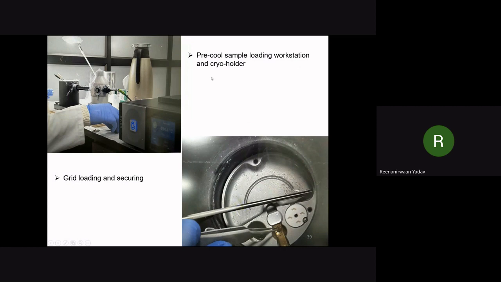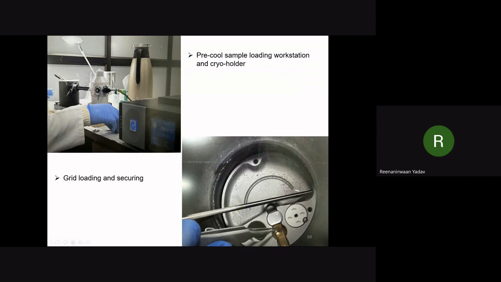So this is the assembly that we use for loading our sample inside the holder or the cartridge of the holder. We have 626 and 911 holders here, and before loading our sample inside the holder, we have to pre-cool this assembly, which has a dewar.